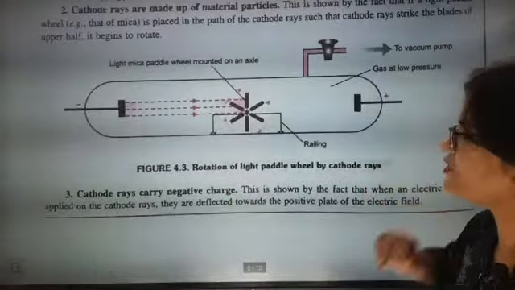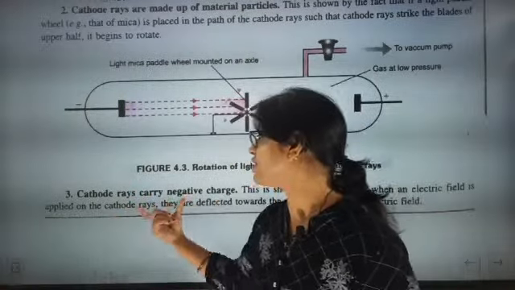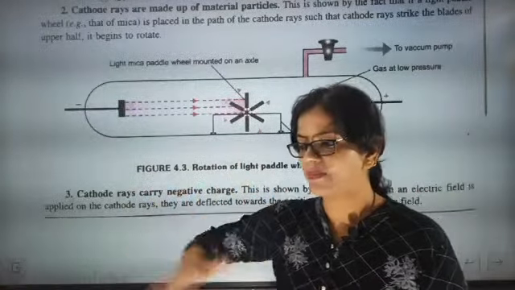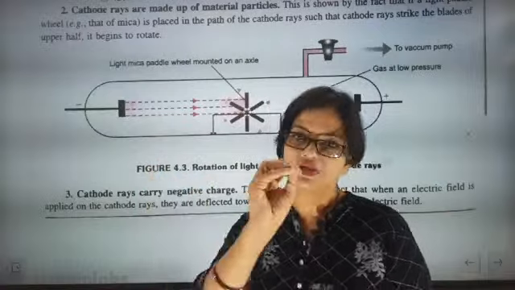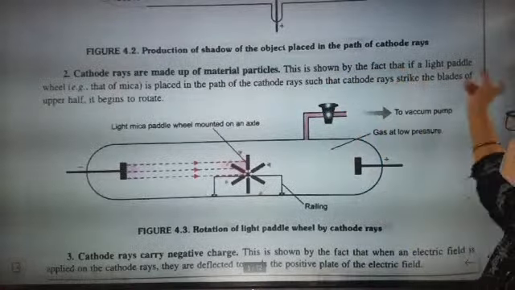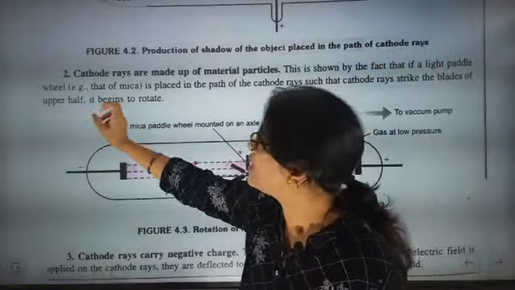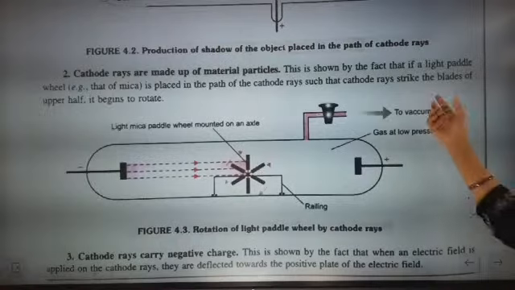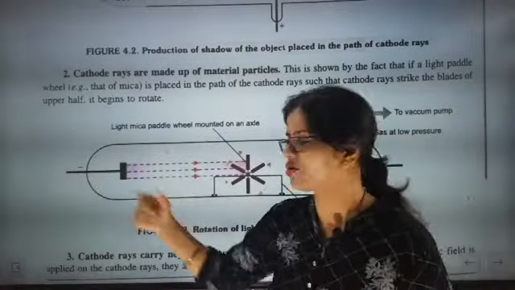Now next we will see that cathode rays carry negative charge. The rotation of the mica plates proves that they are made up of material particles: if a light paddle wheel made of mica is placed in the path of cathode rays and they strike the blade, it can rotate the blade.